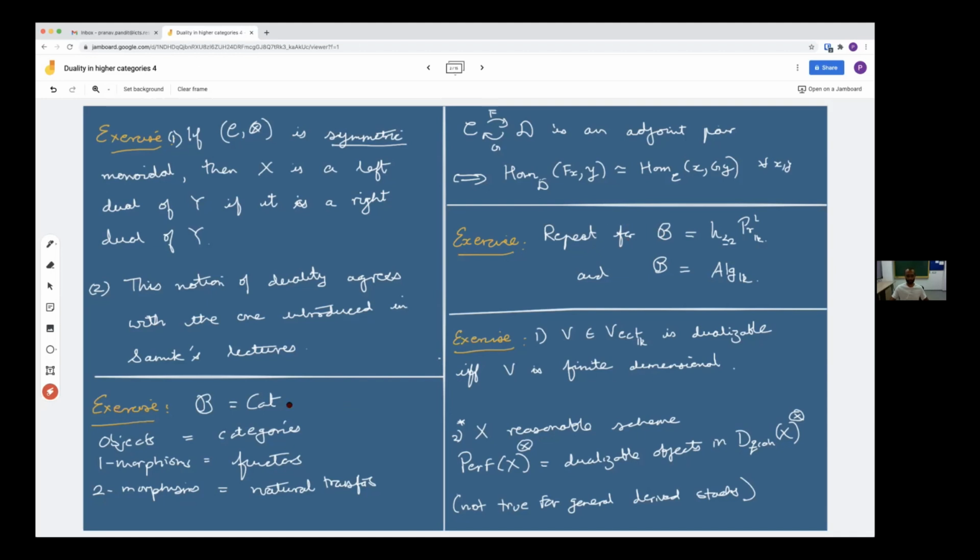So repeat this exercise. This exercise said that if B is the bicategory of categories, then adjunctions are given by this sort of data, a pair F and G such that this equation holds. Now, the question is, if I take the category PRL_K of presentable, K-linear infinity one categories and colimit preserving functors, then that's an infinity two category.